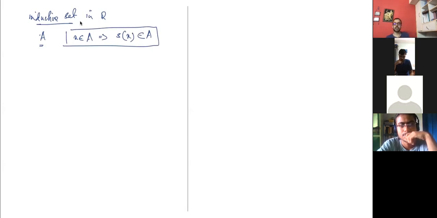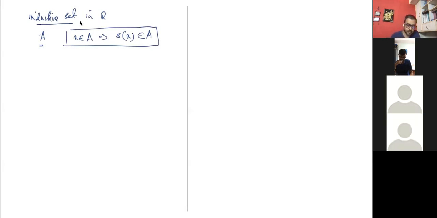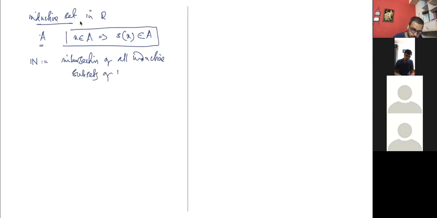And then we defined the set of natural numbers to be, what was the definition? The intersection of all inductive subsets of R that contain 0.